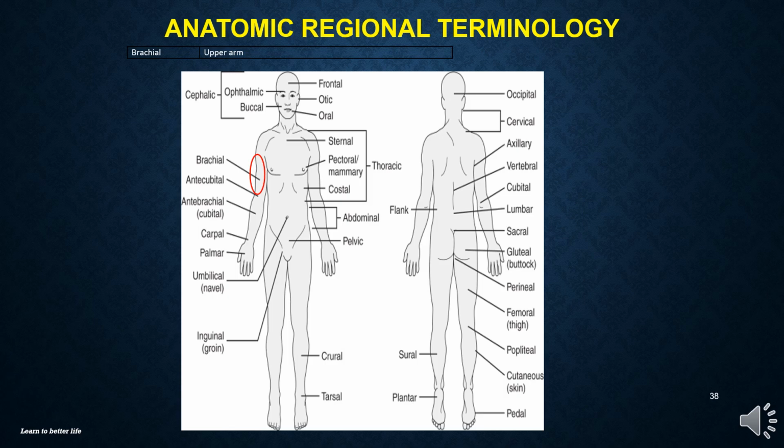Brachial is the upper arm. The calf is the lower posterior portion of the leg. Carpal means wrist. Cephalic means head. Cervical means neck.